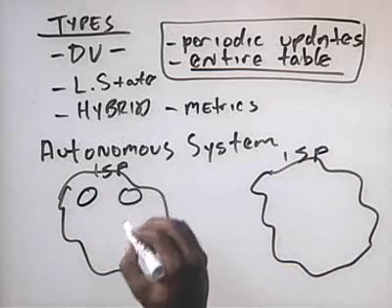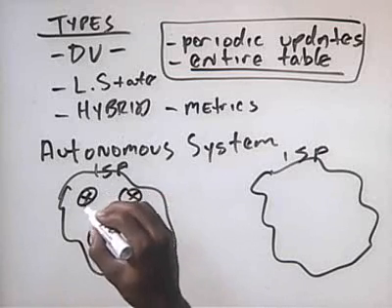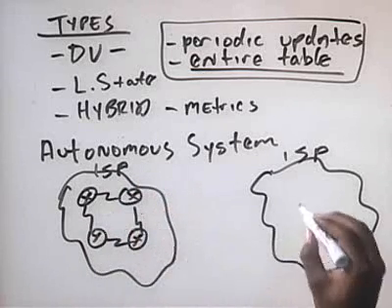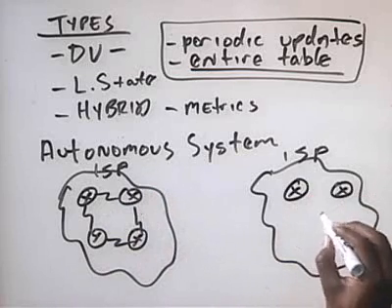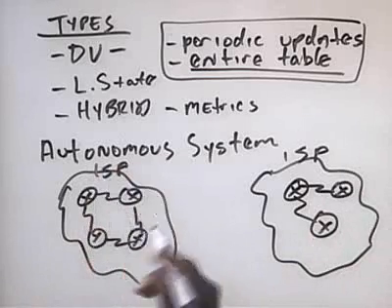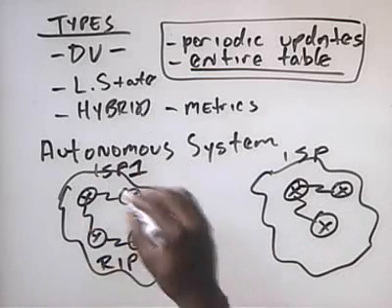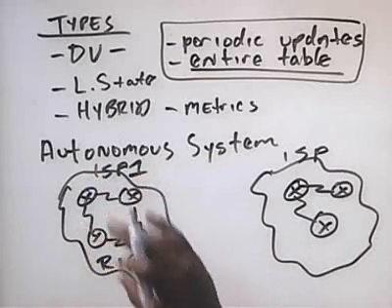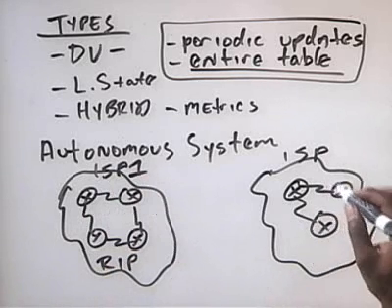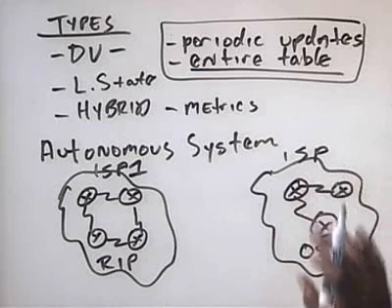You've got this autonomous system, this ISP, with all of its customers' routers, and they exchange routing updates using one particular routing protocol. And then over here you've got another ISP, and their routers use a different routing protocol. Over here at ISP 1 we use RIP to exchange updates between the different routers in that autonomous system. Over here you've got another autonomous system with this second ISP, and they're using OSPF within their autonomous system.